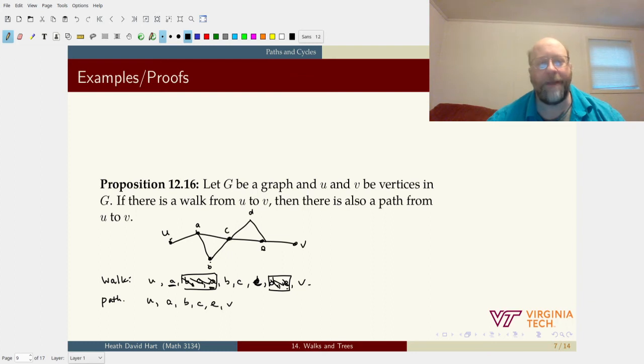U, A, B, C, E, V doesn't repeat any vertices. So the idea is if we see a vertex repeated, we can keep the first instance and then delete everything up through the second instance of that same vertex. And then just keep doing that until we don't have any more repetitions. Okay? So if we have a walk from U to V, we always have a path from U to V as well.